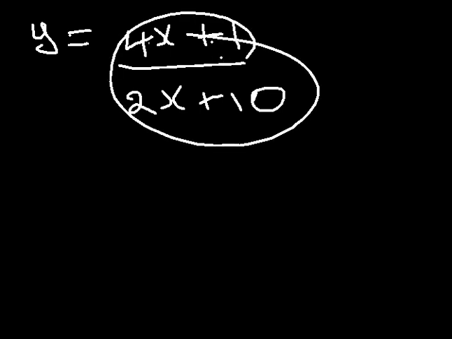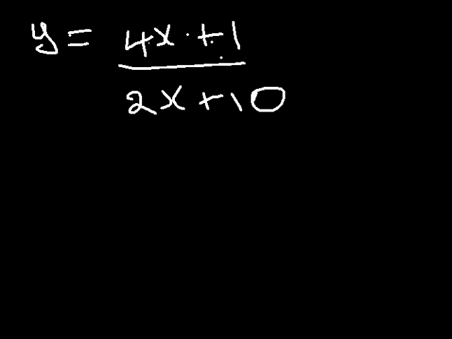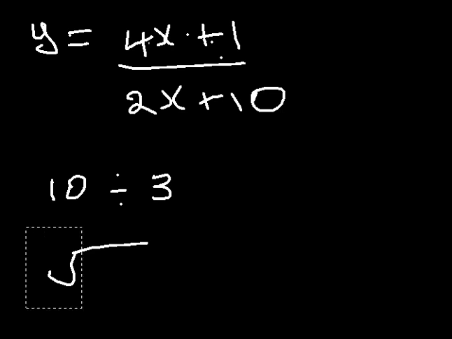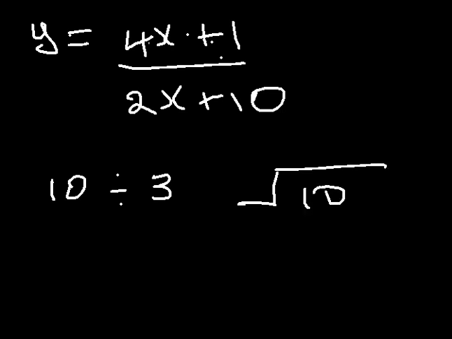But before we go for this one, I would like you to understand this. Let's say we have 10 divided by 3. It is the same as having this. This is 10 and this is 3.